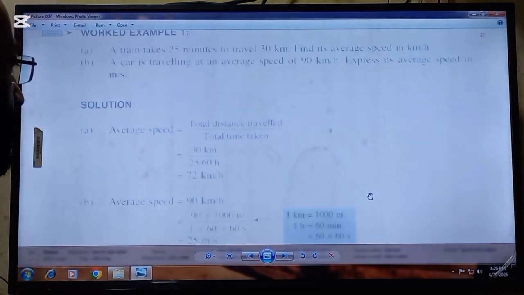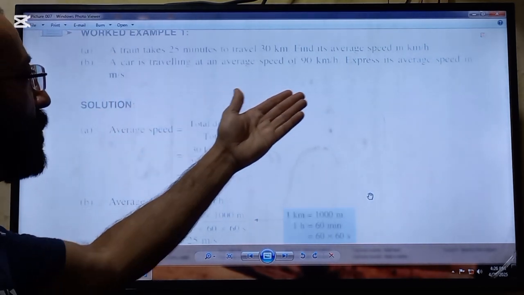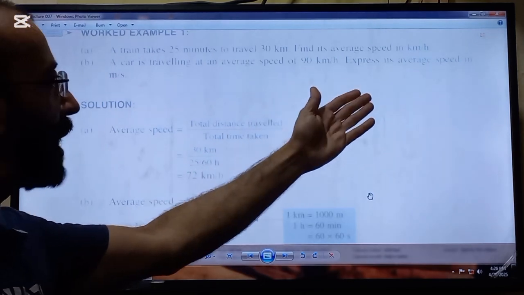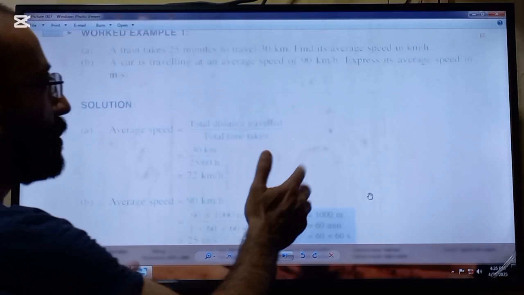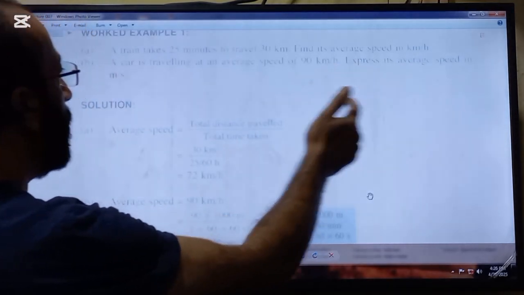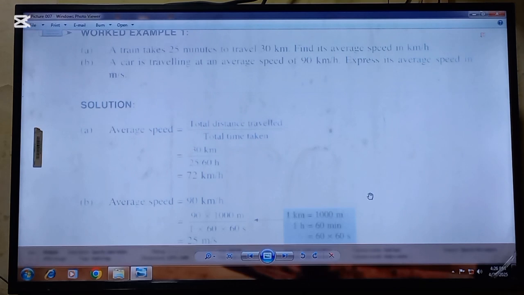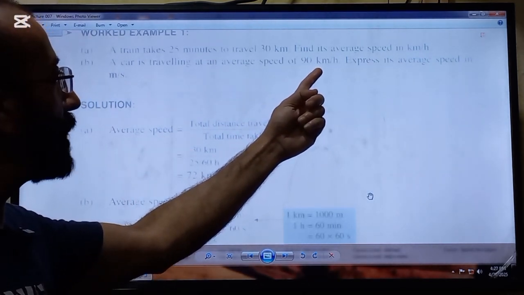hour is the answer. The second part of the question is a car is traveling at an average speed of 90 km per hour. Express its average speed in meter per second. So we have to convert the units kilometer into meters and hours into seconds. So you know, in 1 kilometer there are 1000 meters.